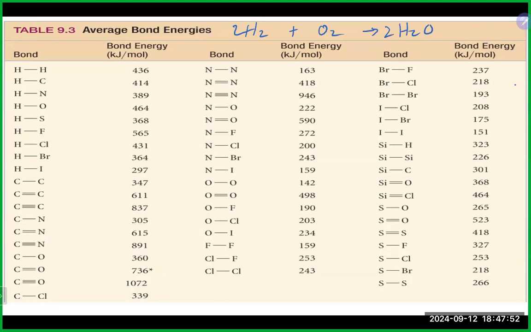If you wanted to calculate the delta H using the bond energy, or bond enthalpy, the first thing you really want to know is what bonds you're breaking and which ones you're making. On the reactant side, all these bonds have to be broken.